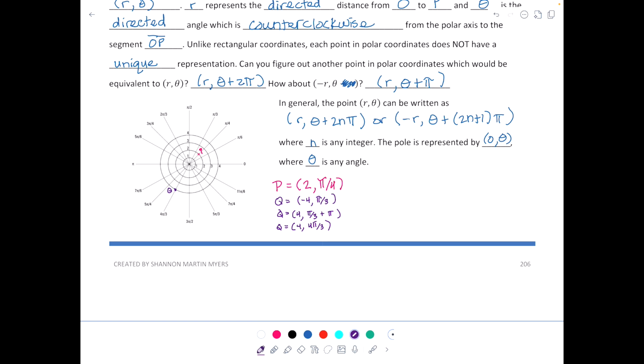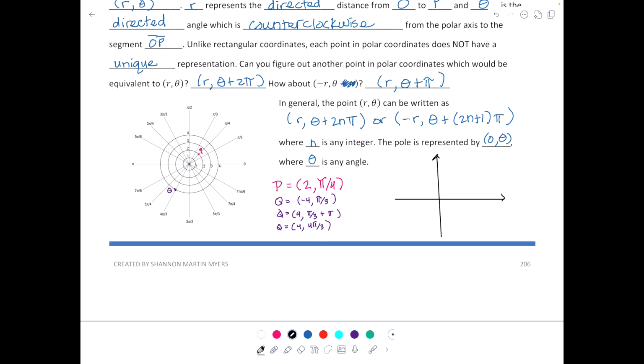All right, so now let's take a look. I don't know how much you remember about polar coordinates, but just in case you forgot, let's do a little quick and dirty review here.